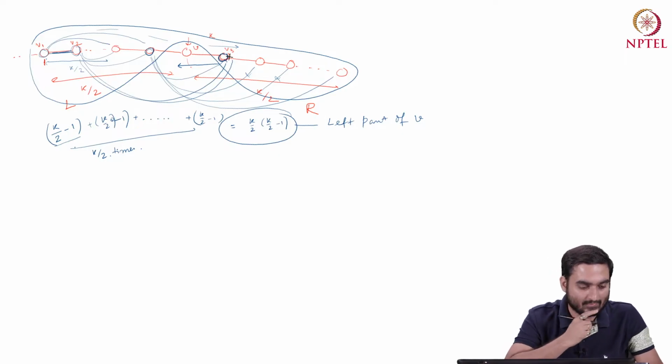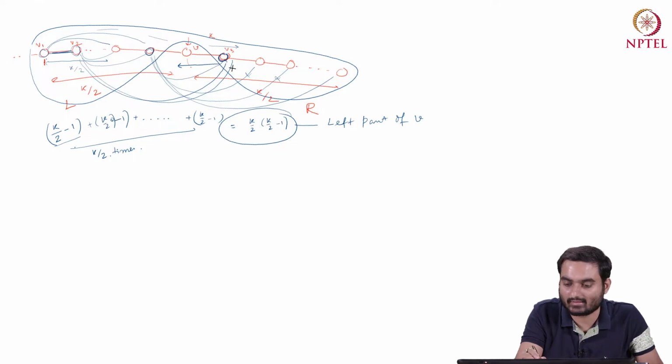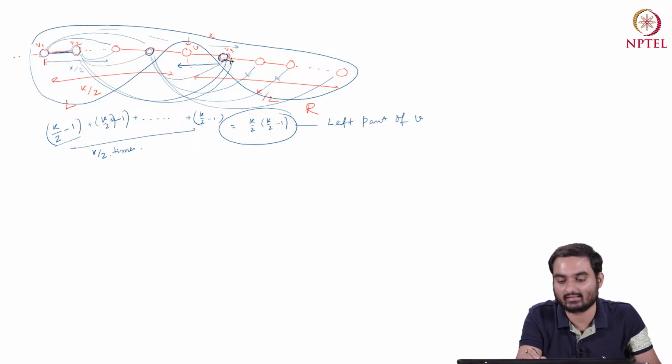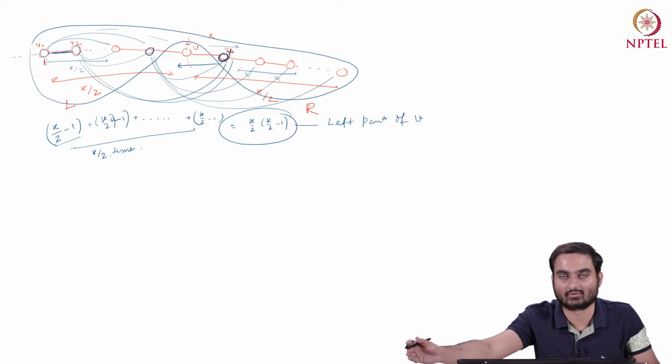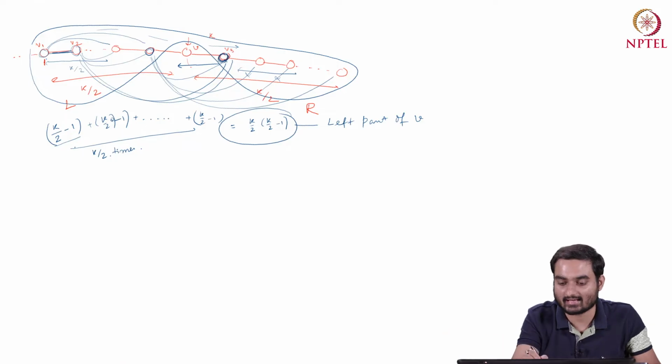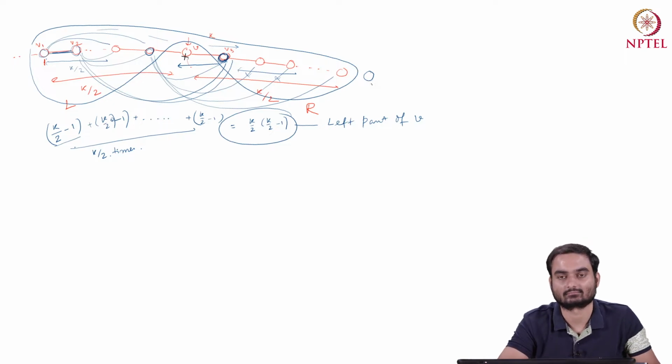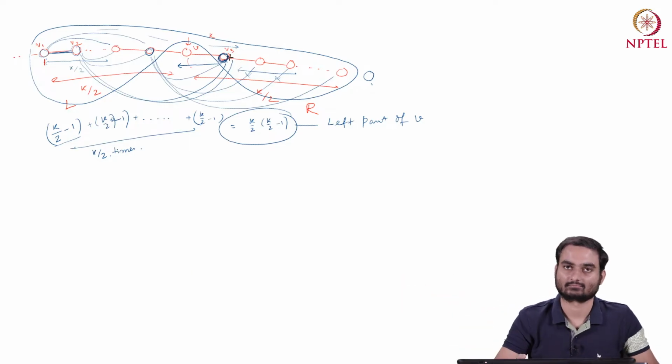So how many edges will we consider for V3? V3 is also connected to k by 2 nodes in the right side, right? But remember, V3's last node in the right side would be somewhere here, which is not part of V's neighbors, because V3 is located in the first position of the right side of V, and V3 has k by 2 edges in the right side.